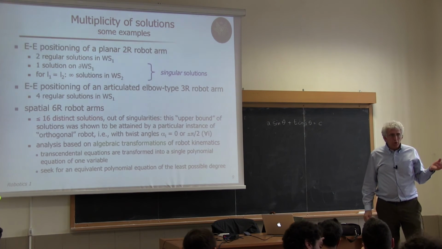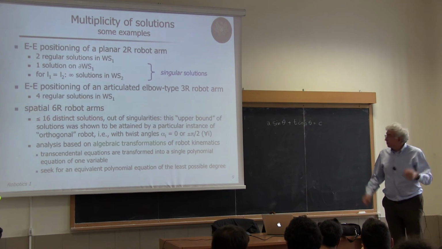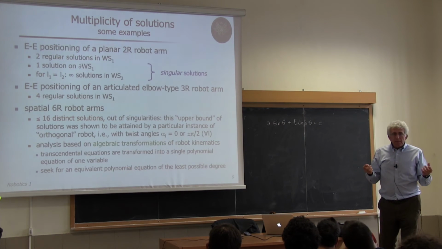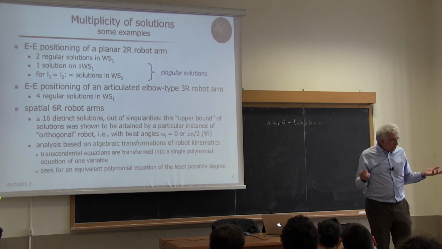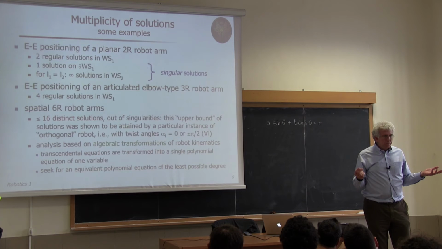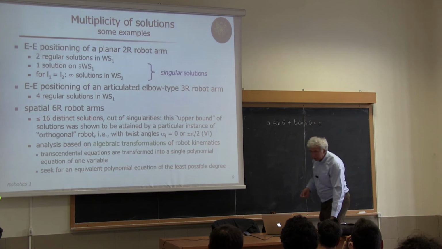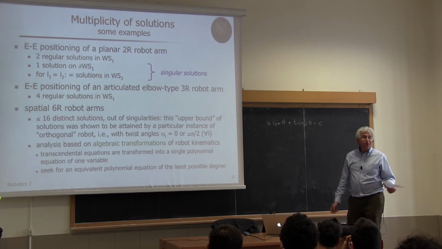Okay? So I cannot say if there is a solution or not depending on the value of a, b, and c, and so on. But can I transform this into a polynomial equation? Yes. How do I do it? I have here the solution, so for me it's easy.